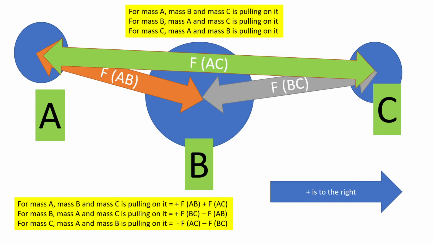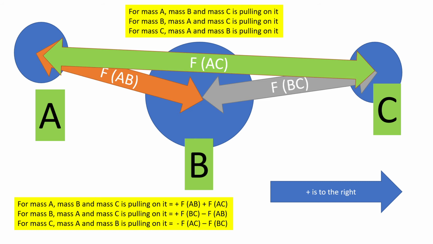If you look at the yellow box at the bottom, for mass A, mass B and mass C are pulling on it. So in this case, F brackets AB means the force between the two masses A and B, and F brackets AC means the force between A and C. Because it's going to the right, that's why it's positive.